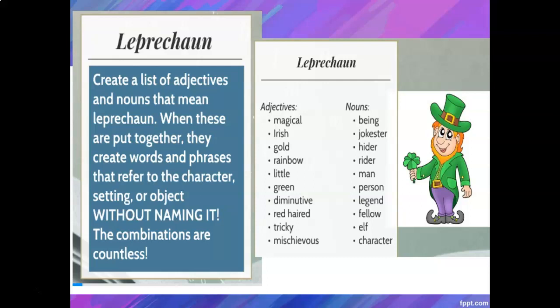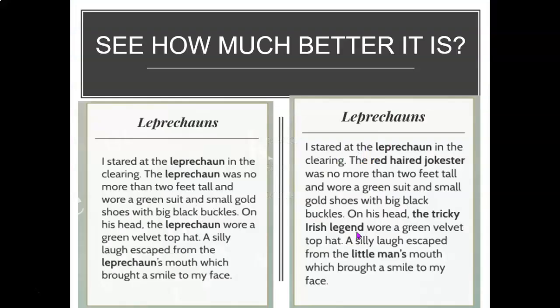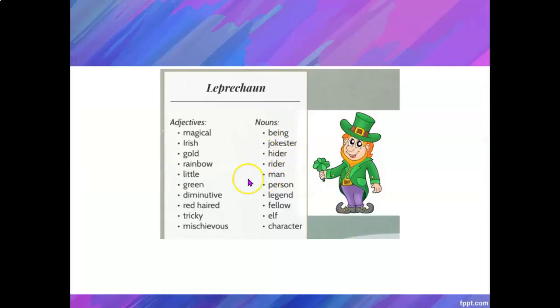Remember, adjectives are describing words. Adjectives that can describe a leprechaun, and a list of nouns that can describe a leprechaun. Then we put them together in order to make our word referent. So the magical being, the little hider, the rainbow man, the red-haired elf, the mischievous legend.